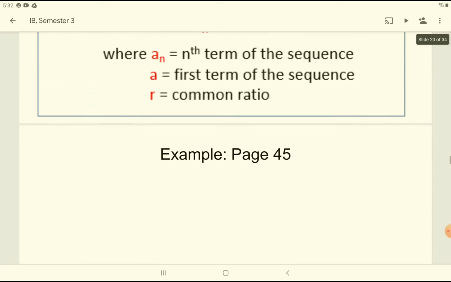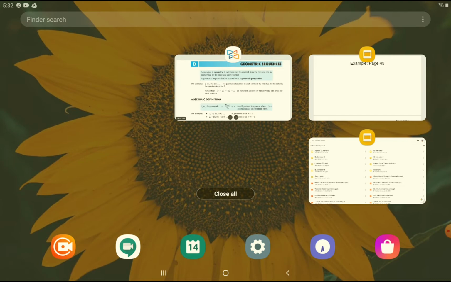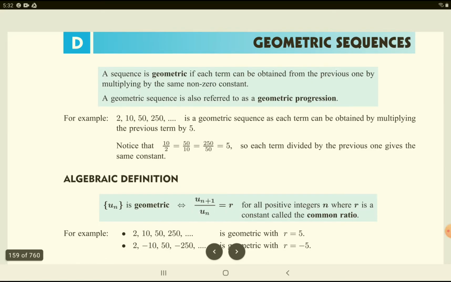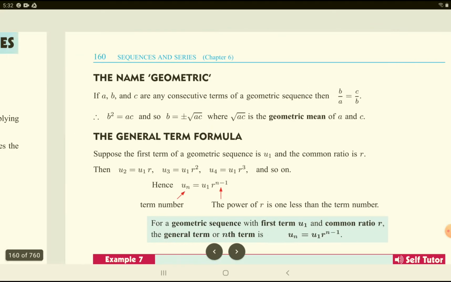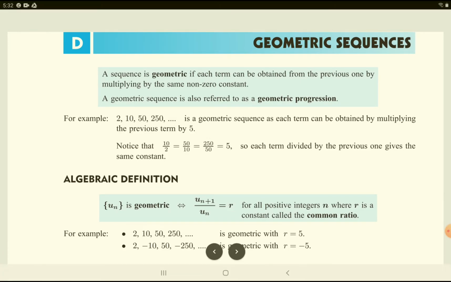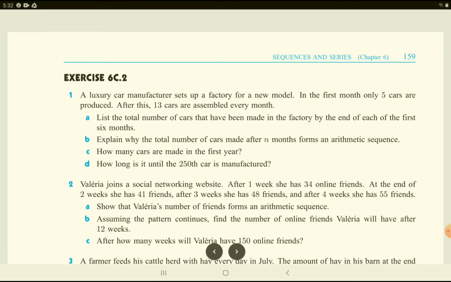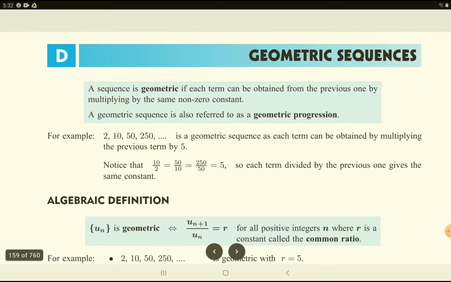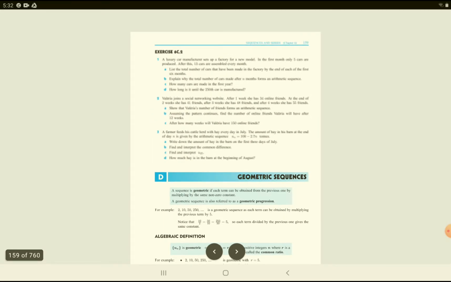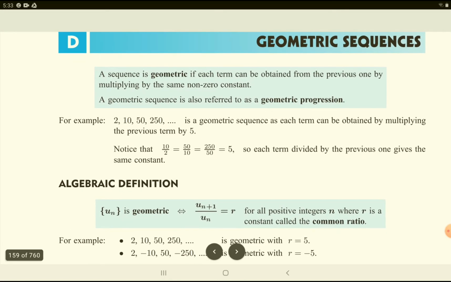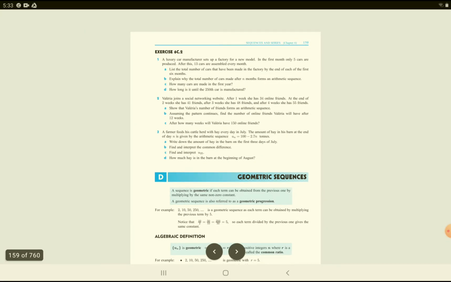Let me make sure. I don't need series. Okay. So now I'm going to hop to the textbook. So let's see here. I'm going to start. Why can't... Hold on. Technical difficulties. Why are you doing that? What the heck?